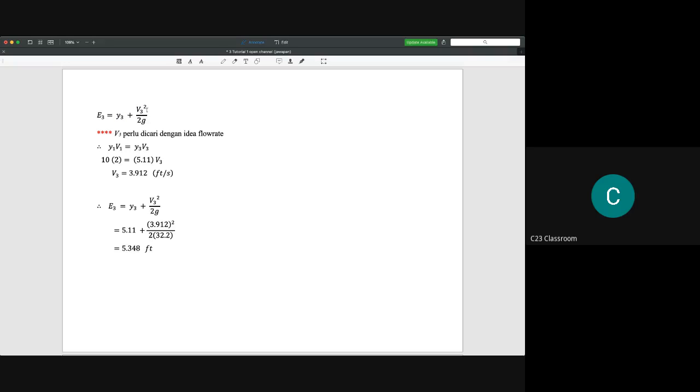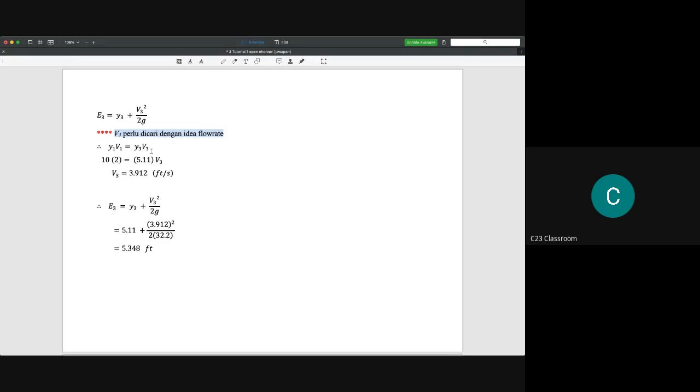So we need to find it. What we can do is use the idea of flow rate, because we assume that water is incompressible, so the flow rate before and after the hydraulic jump will remain the same. In terms of volume, V1 Y1 equals Y3 V3.